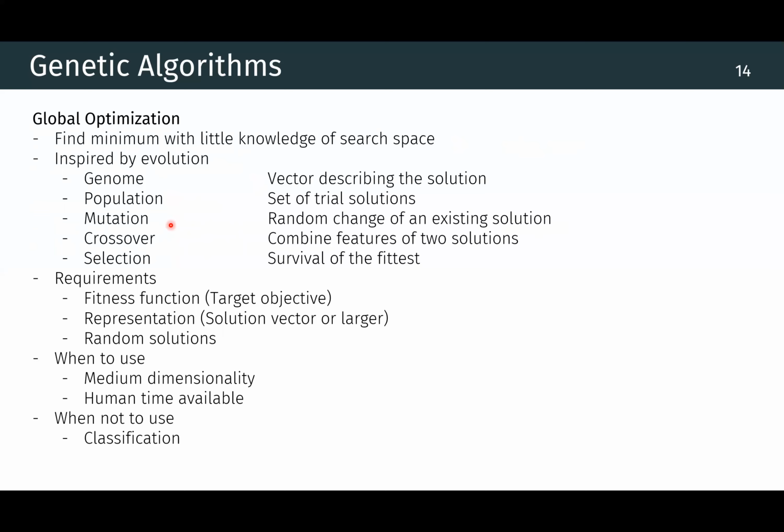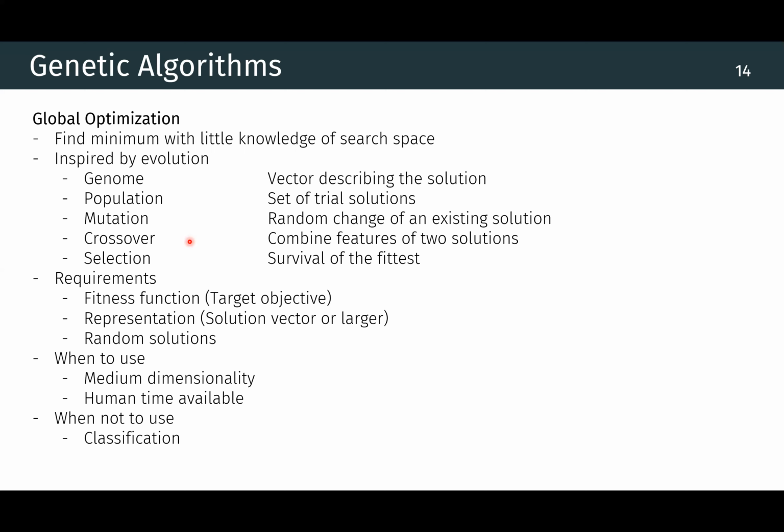You do that by either mutation, which means you have some random solution vector and you change it in a certain way. For example, pick a random variable and make it slightly larger or slightly smaller. That's a mutation. It takes one genome and makes one new genome.